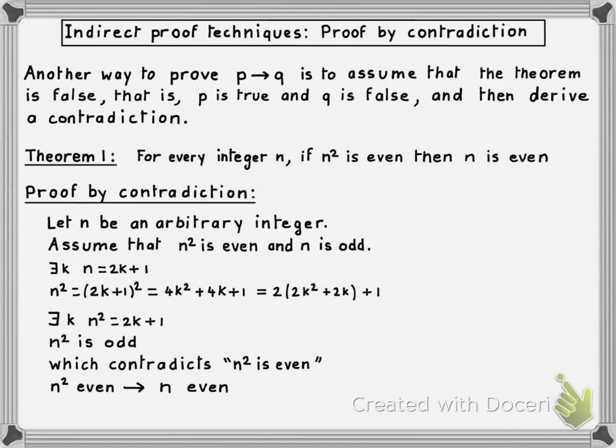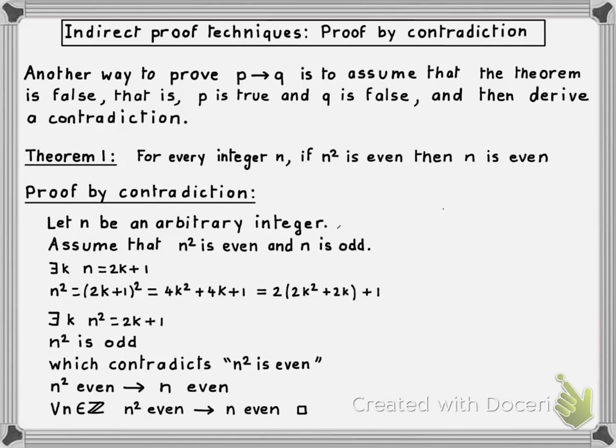So of course, you know the last step, we go from an arbitrary value for n to any integer value by applying the universal generalization rule. And that concludes our proof by contradiction of this theorem. So to conclude this segment, remember that a proof by contradiction proceeds as follows.